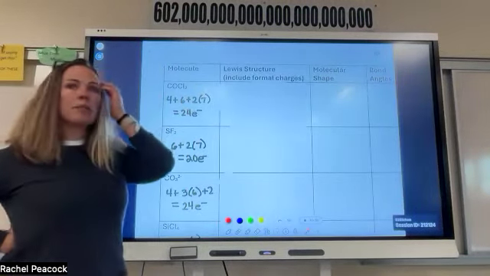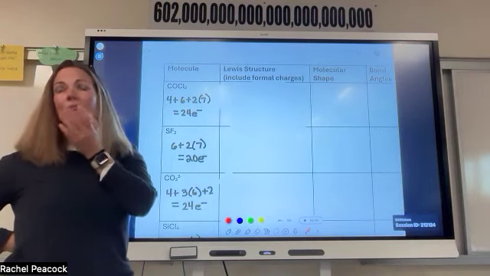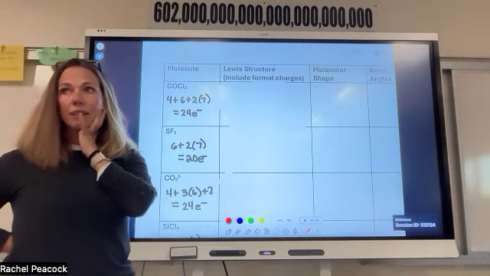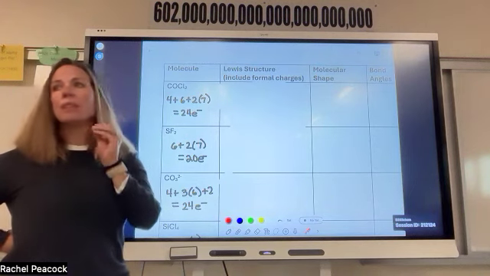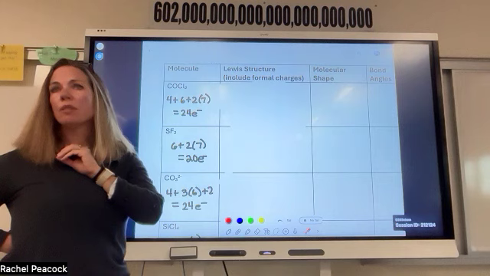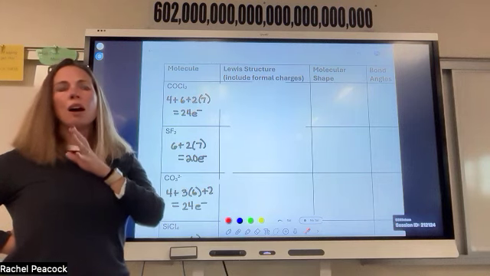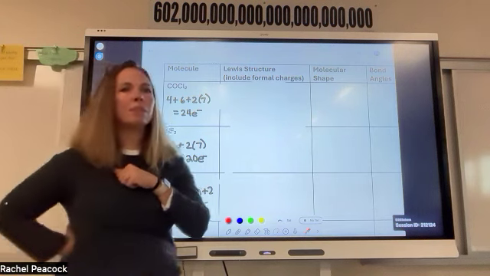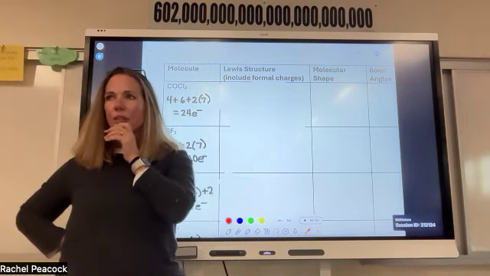The first structure, okay? You should have had 24 valence electrons, correct? Okay, and then what's the challenge? Once you draw 24 valence electrons, what does it become obvious that you're going to need to do?